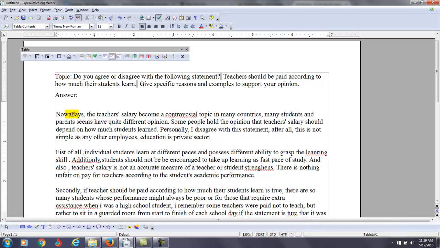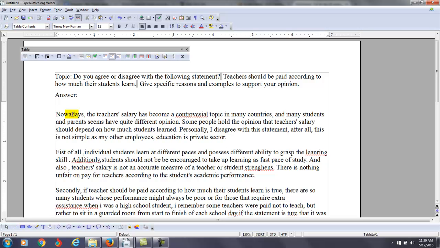So the first thing is, I think that the thesis needs to be a little bit more sharply focused. So say nowadays the teacher's salary has become a controversial topic in many countries.